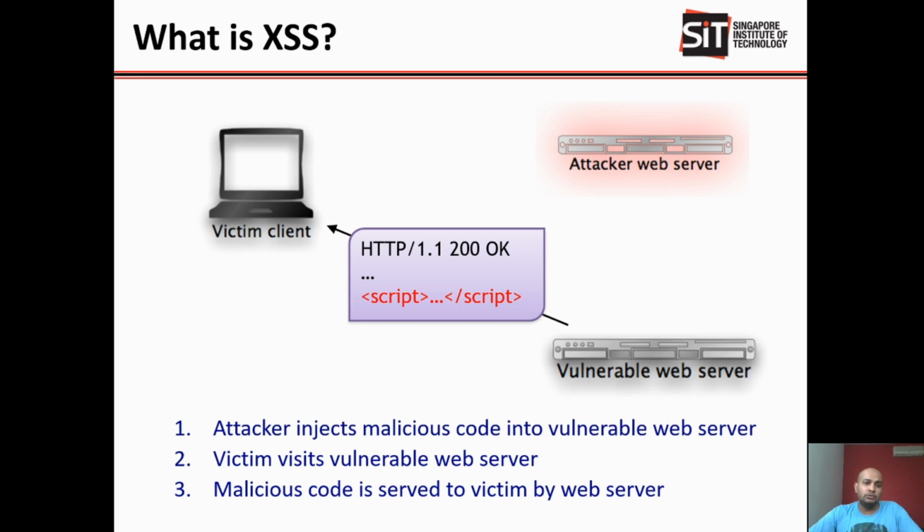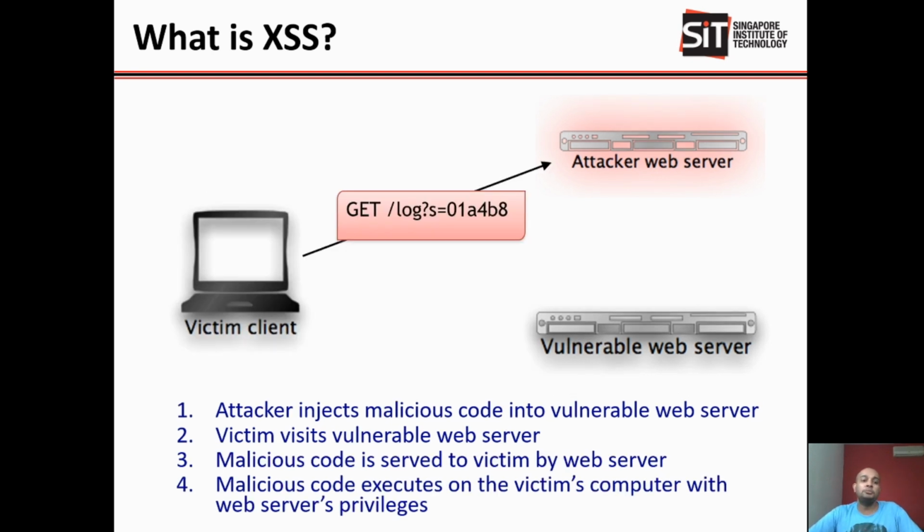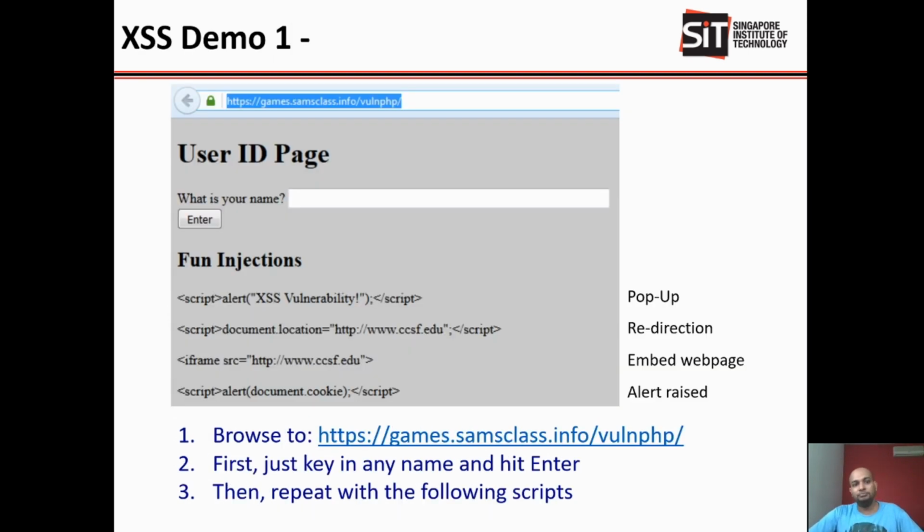So what is served to the victim is malicious code, and it gets executed on the victim's browser, with web server privileges, and this leads to leakage of information to the attacker.